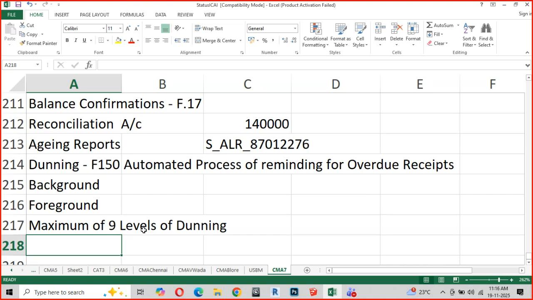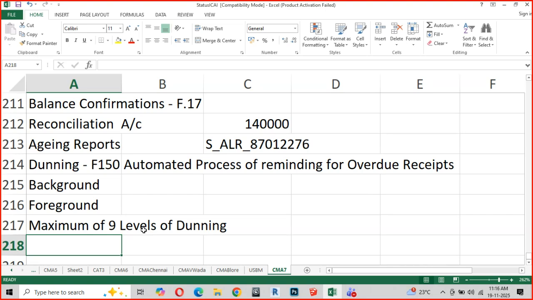As you saw, the seriousness of the reminders increases. The first was a very mild reminder saying that this is due from your end, please pay it as soon as possible. The next gets a little serious, where the letter says we are going to calculate interest on your receivables and penalize you.